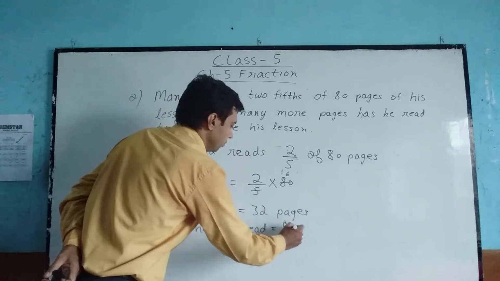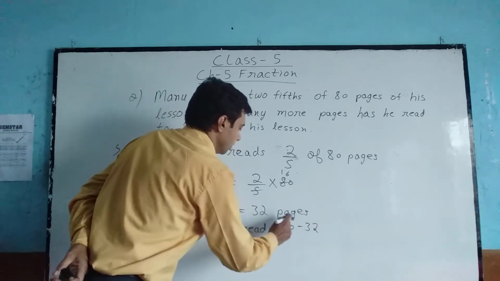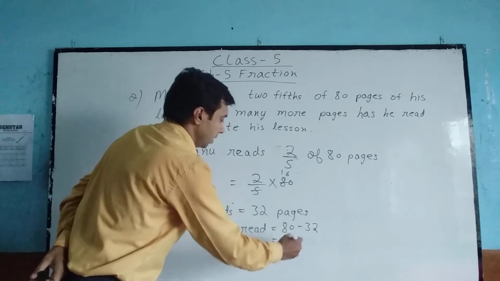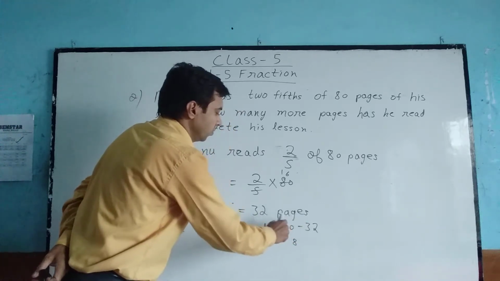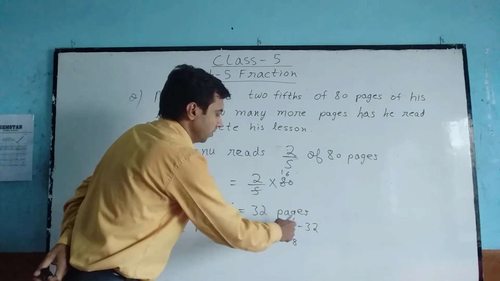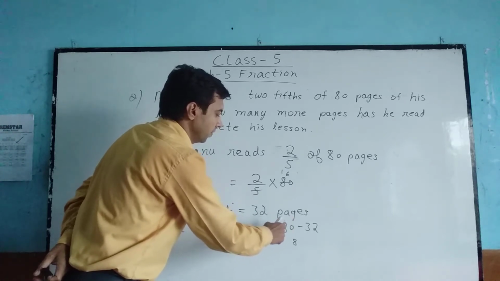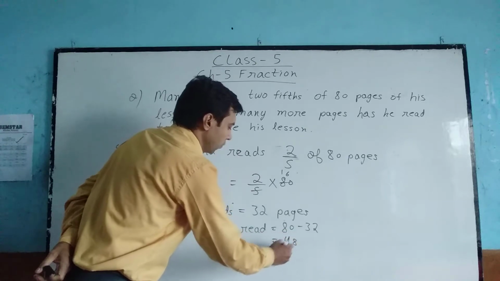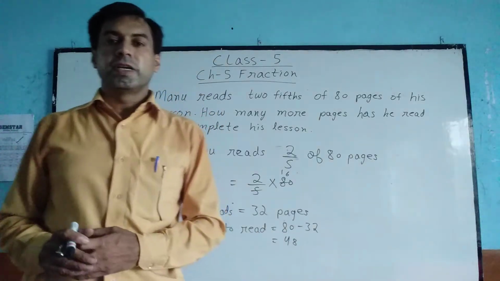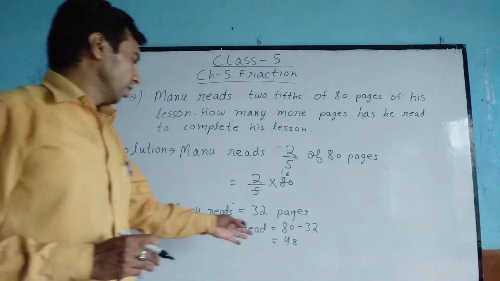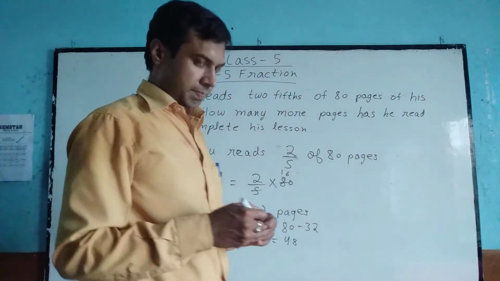So what we do? 80 minus 32. 10 minus 2, 8. This 8 has given one there, so here what we have? 7. 7 minus 3, 4. So 48 pages still he has to read. So Manu has to read 48 pages.